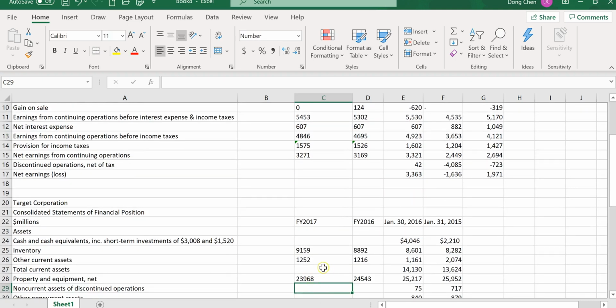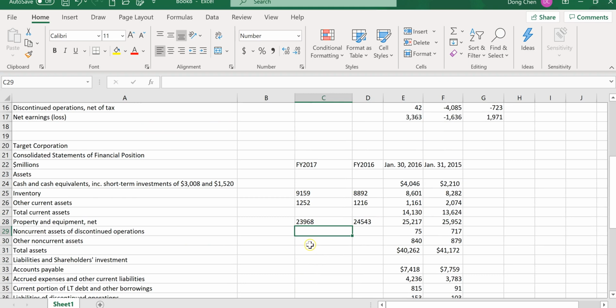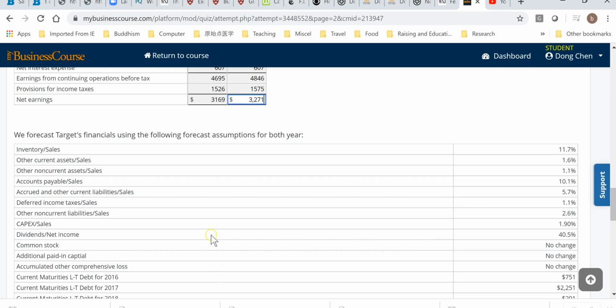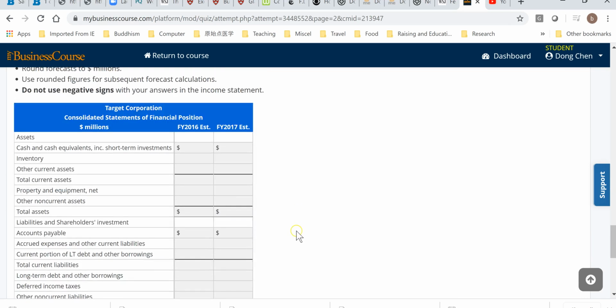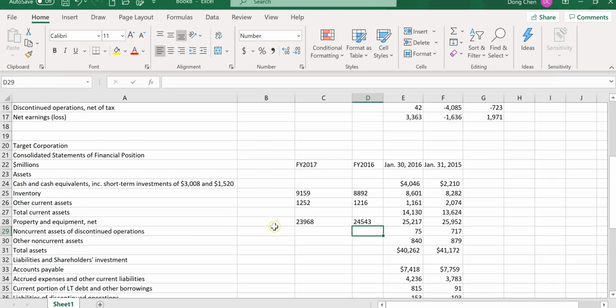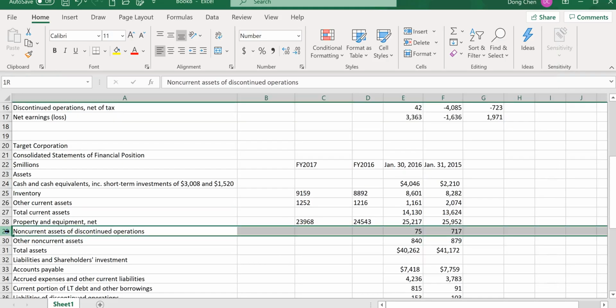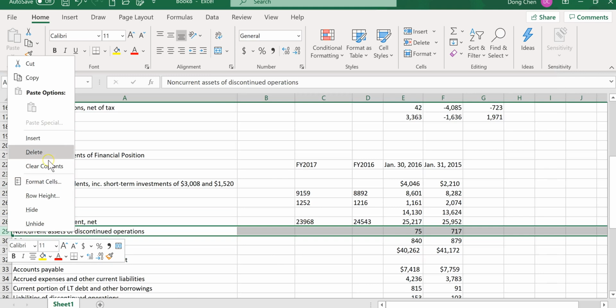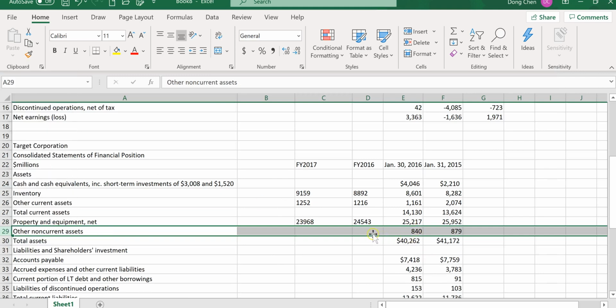So this is the forecasted net PPE for fiscal year 2017. And non-current assets of discontinued operations. I believe there's also no such item on the final answer sheet. So we can just leave that alone. Yeah, get rid of that item here.